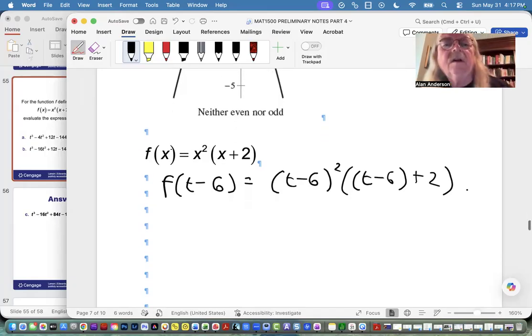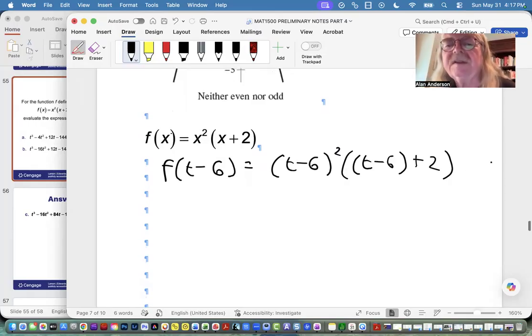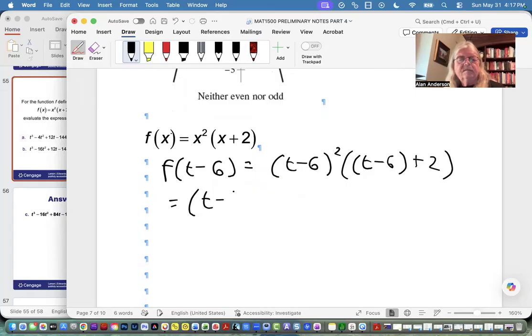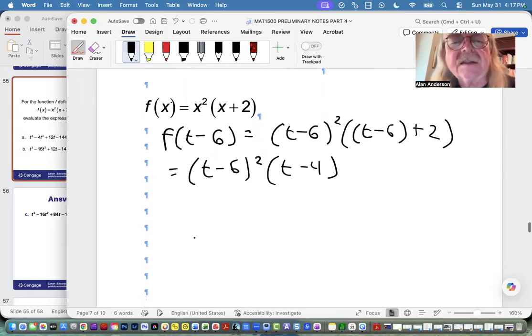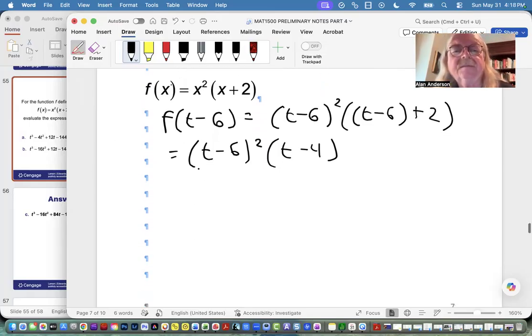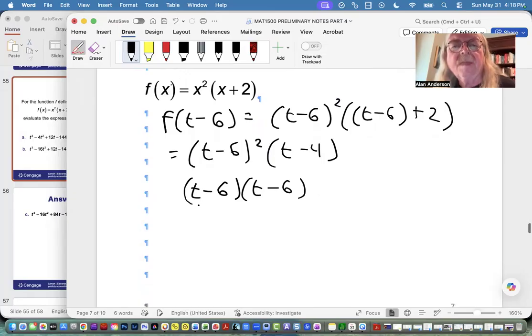So, in other words, all the x's are being replaced with t minus 6. Now, t minus 6 squared, for something this simple, you can use FOIL if you want.